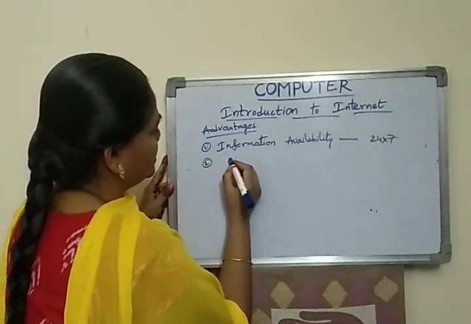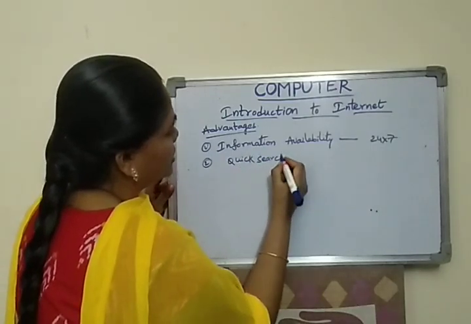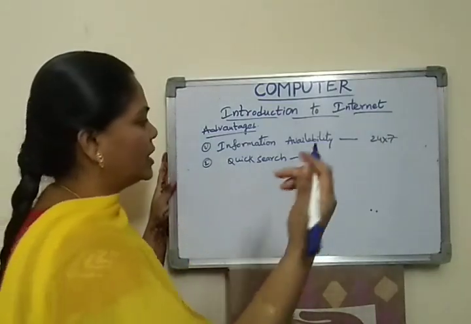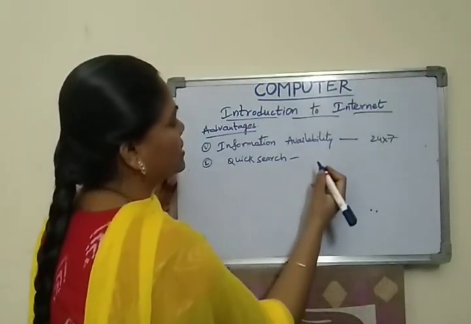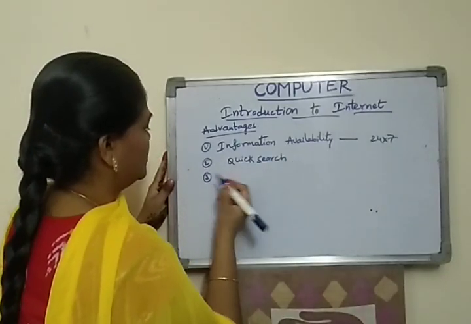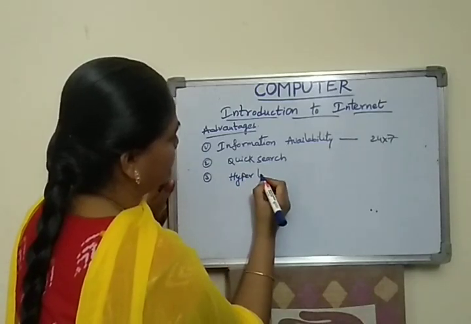Okay. Next, quick search. That search engine, either Google or Yahoo, will provide you the quick search. Whatever information you ask, it will display that information. So next one, hypertext or hyperlinks.